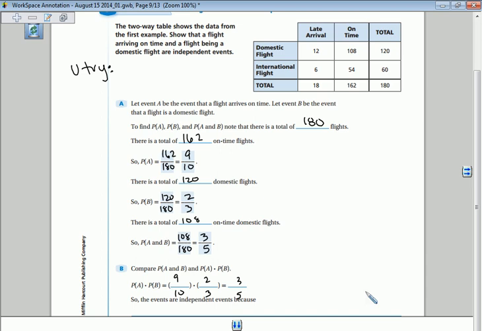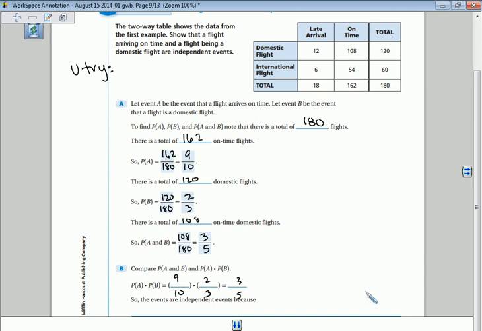So here it talked us through that part. We had a total of 180 flights. Probability A was that they arrive on time, so 162 out of 180, which is 9/10. Event B was that the flight was domestic, and so 120 out of 180, or 2/3, are domestic.